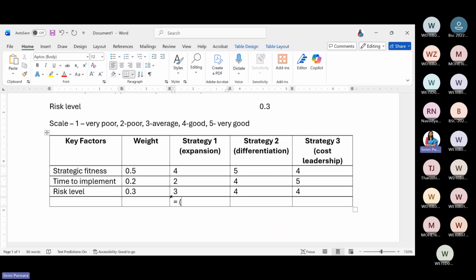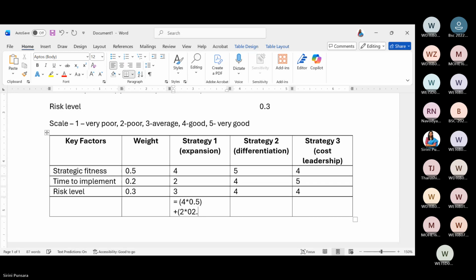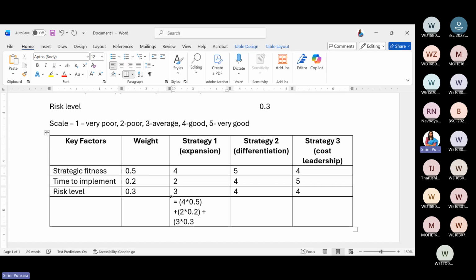So for strategy 1, we have first 4 into 0.5 plus 2 into 0.2 plus 3 into 0.3.